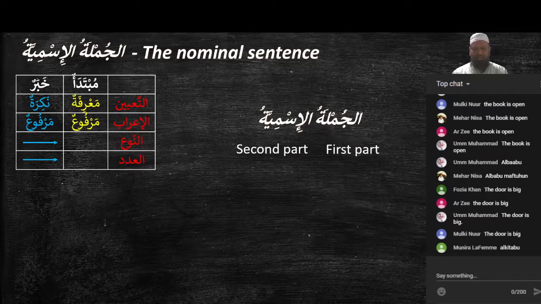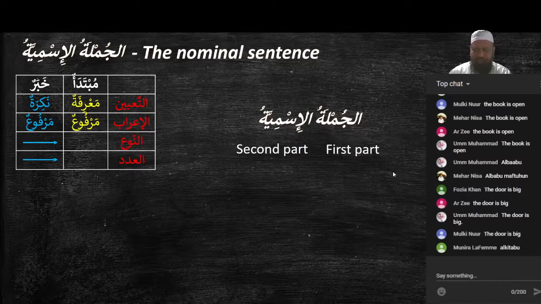First part, because Arabic starts from the right, we have to have the first part here, on the right. Second part on the left. What is the name of the first part in al-jumla ismiya? The first slot.